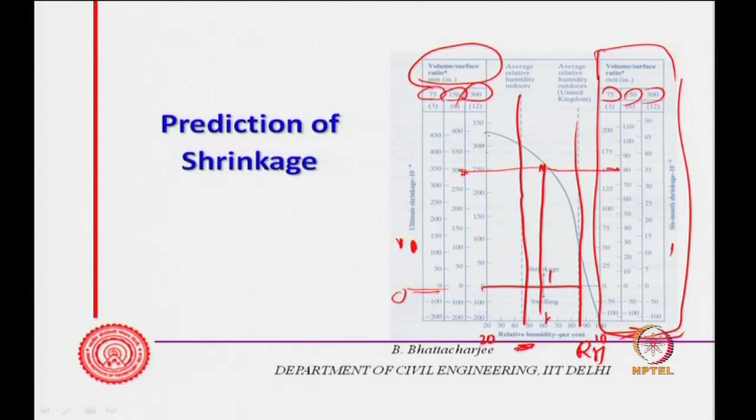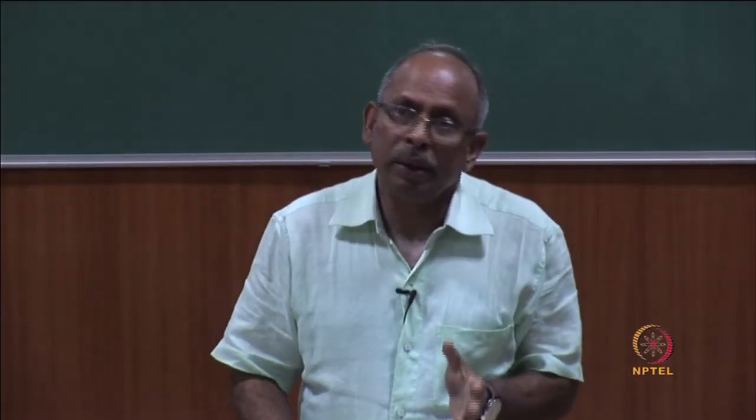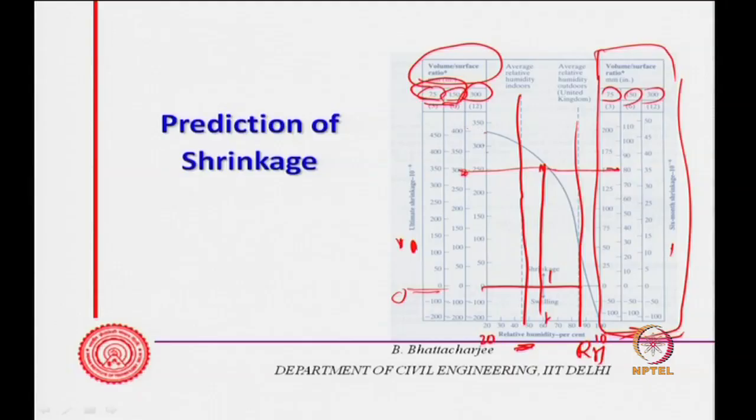So, if you have a volume to surface area ratio, say 145, then you have to actually interpolate between these two. You can determine for 75 and for 150, and then for 300 also, but they are not linearly varying. While this is 450, this is 400, along this line this will be less than 400, and this will be much less than 350.